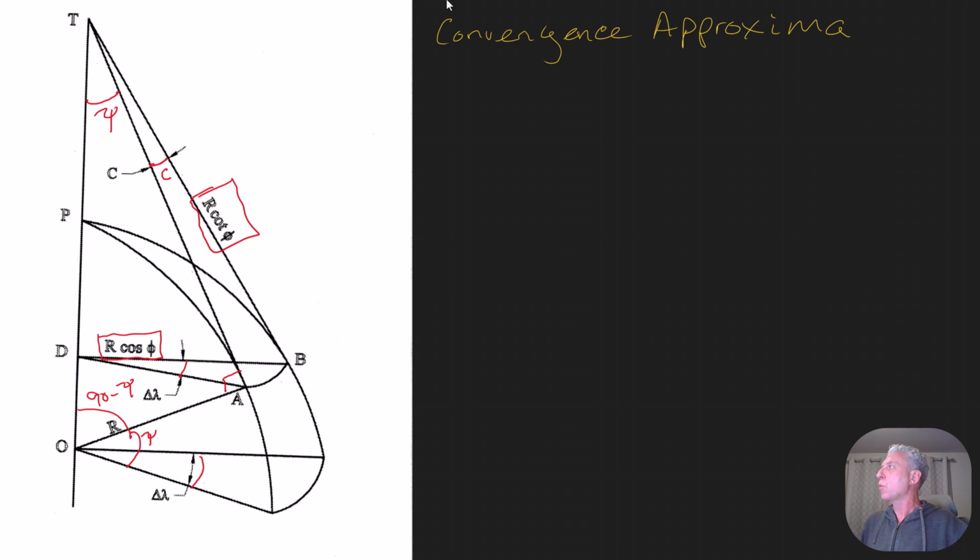Now, how we're going to motivate this, and I'm probably going to zoom in so it's easier to write. We have an arc here, the arc from A to B. If you think about it, that particular arc that I just drew in red is actually along the parallel. So that is one arc. Another arc that we could consider is the Great Circle arc.